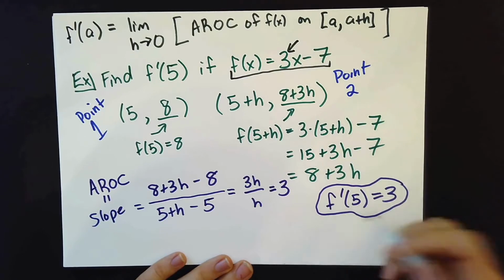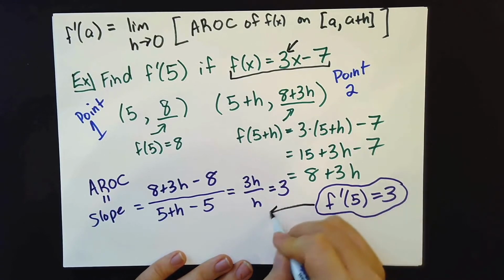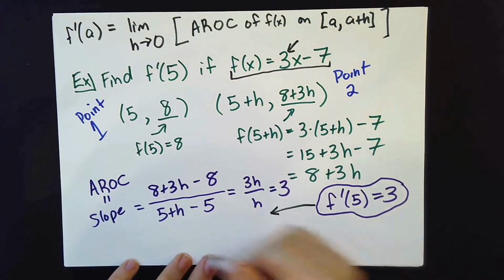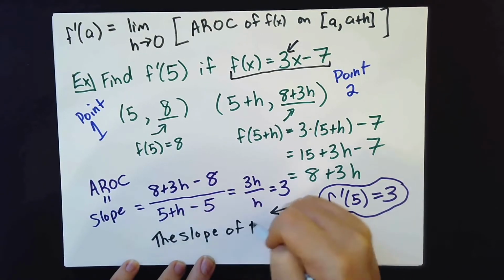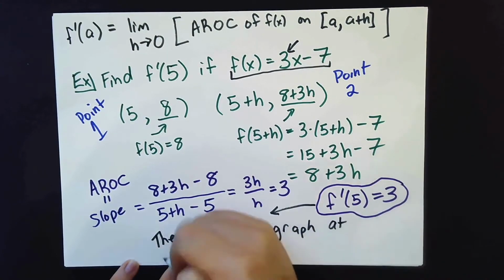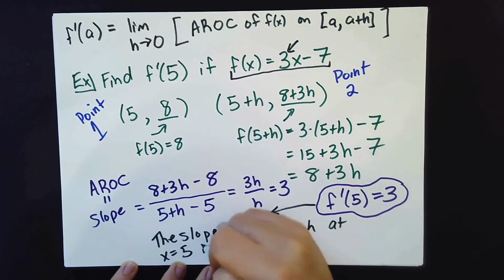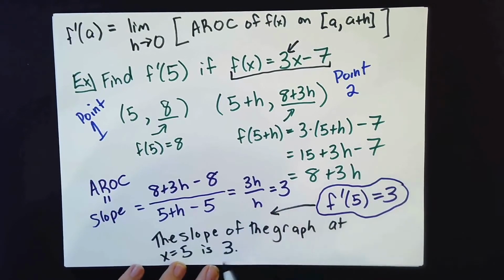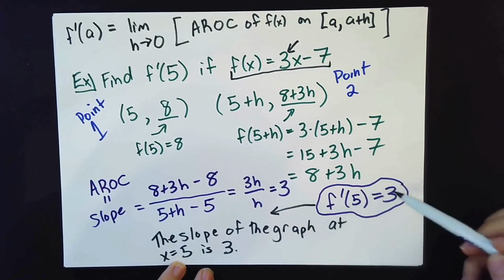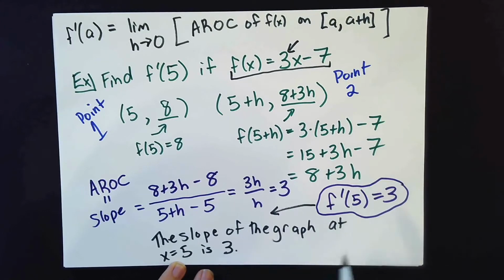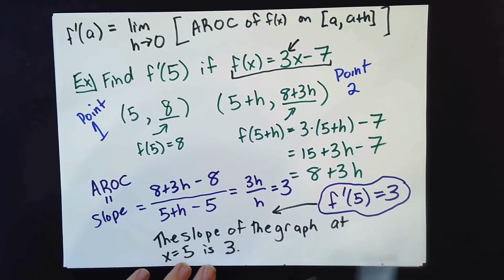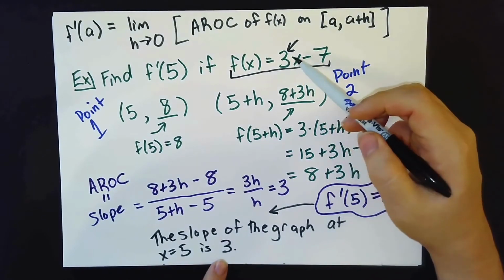And so, really, if I were to translate this into the fact that I learned, one way to say this is the slope of the graph at x equals 5 is 3. That's what this f prime of 5 equals 3 is telling me. But again, this is a line, so I should believe that.